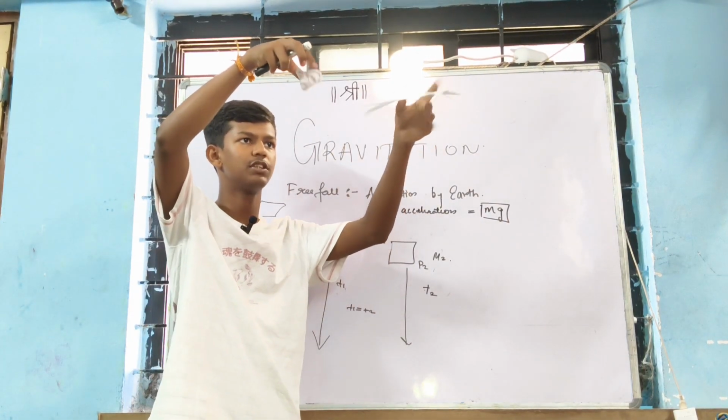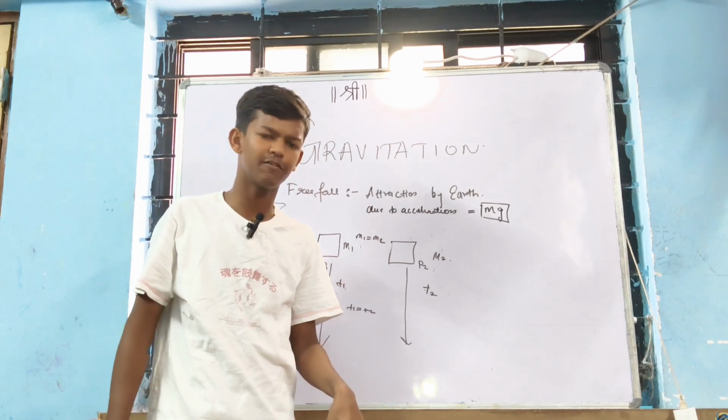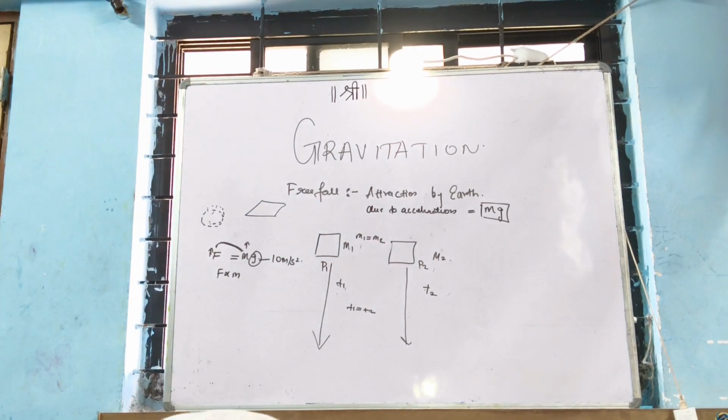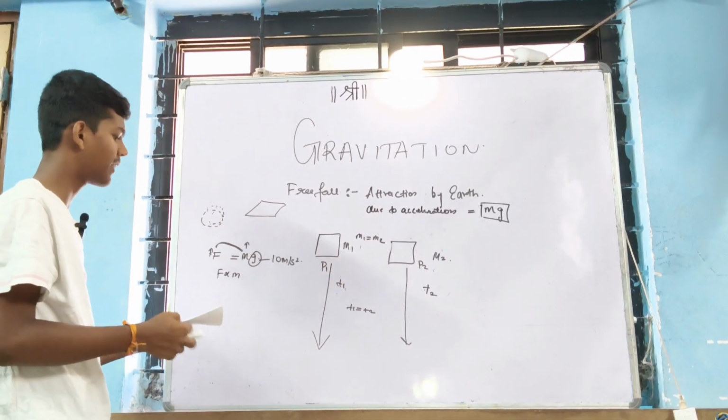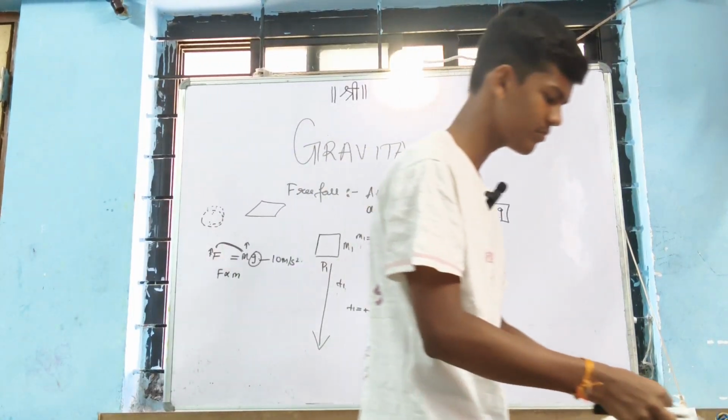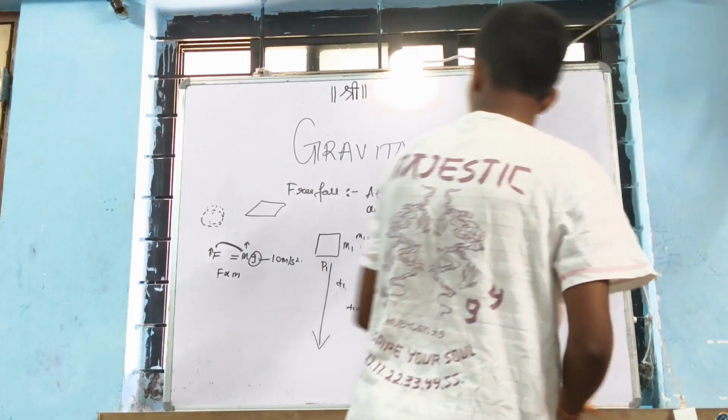Because of the mass, the force is increased on the paper. The ball is very fast, and I don't think this experiment is needed for you, because all know that if you throw a paper ball, it will be a little faster than the folded paper.